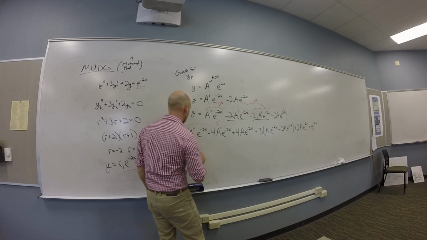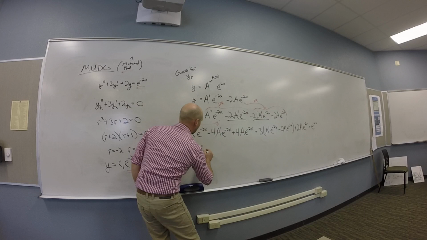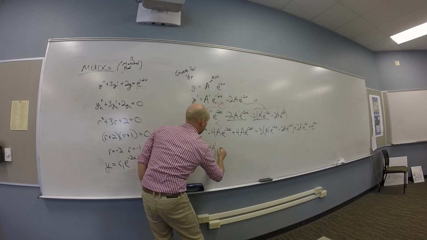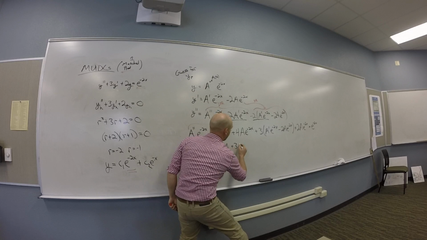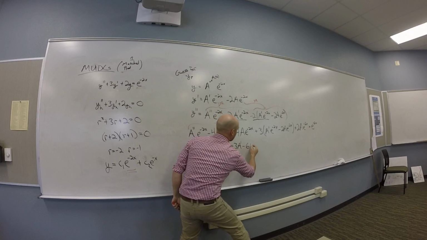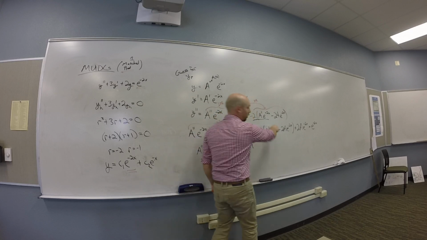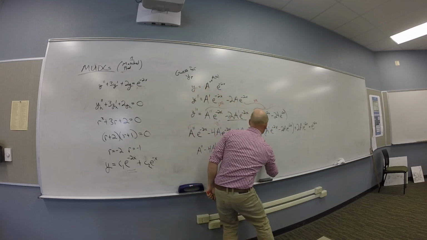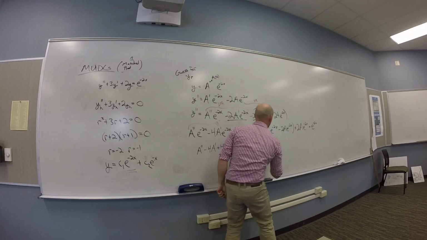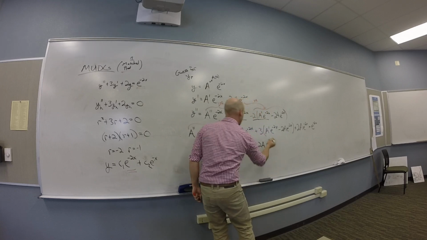So I'll have a double prime minus 4a prime plus 4a plus 3a prime minus 6a. So I'm doing a little distributing as well. And then I got plus 2a equals 1.